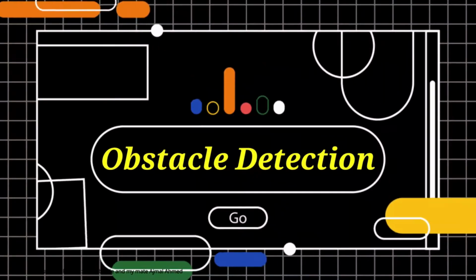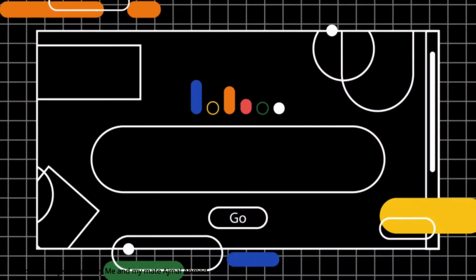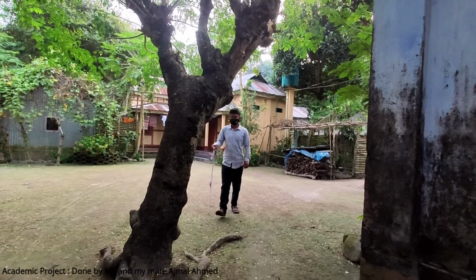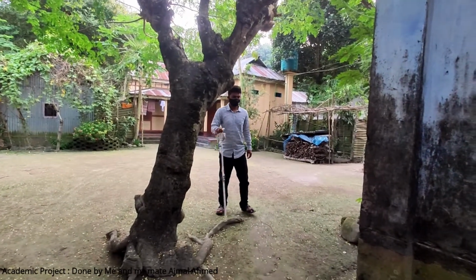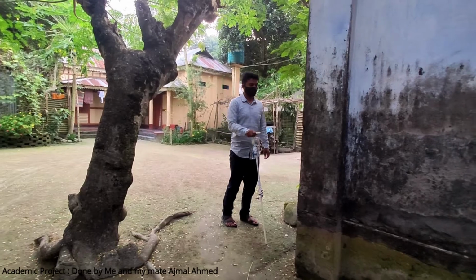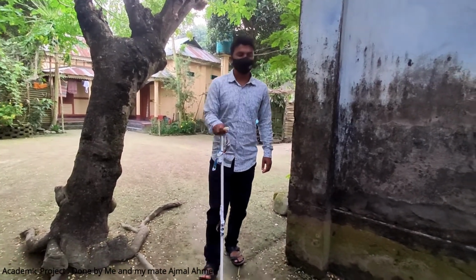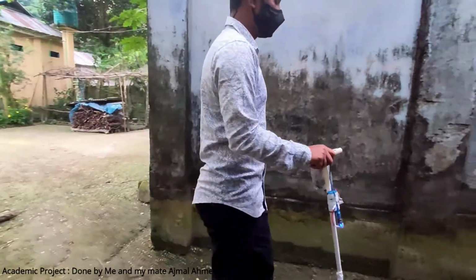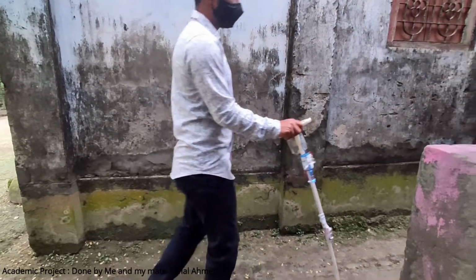Let's see the solution working. With the use of the sonar sensor, we are detecting the obstacles. So we can hear the buzzing sound whenever there is an obstacle and nothing when there isn't.